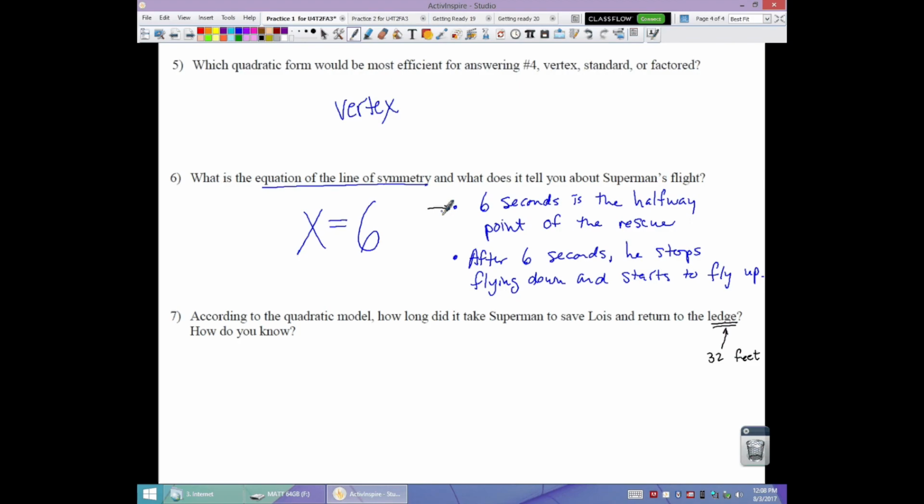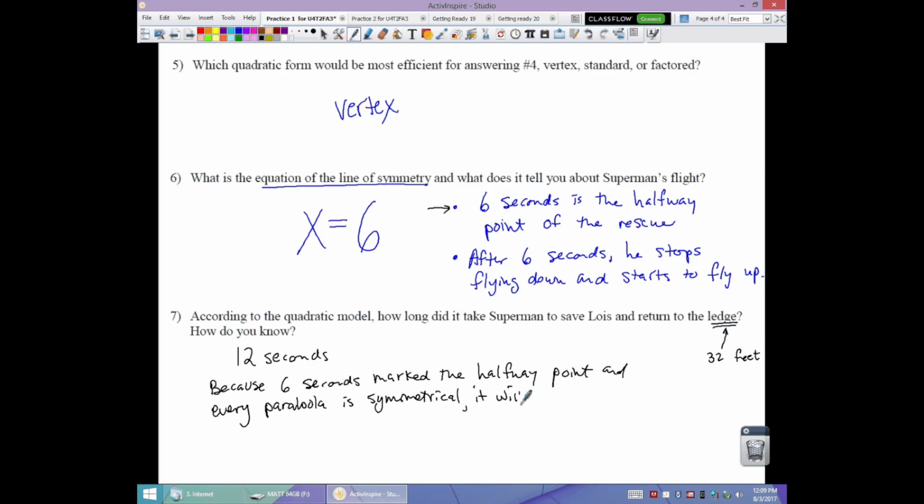The entire rescue takes 12 seconds, and we know because 6 seconds marked the halfway point, and every parabola is symmetrical, it will take another 6 seconds to return to the ledge. Just use the fact that you knew when you were halfway, double that, you're all the way.